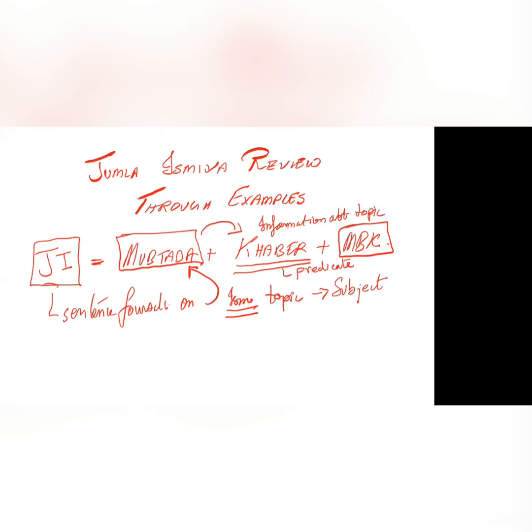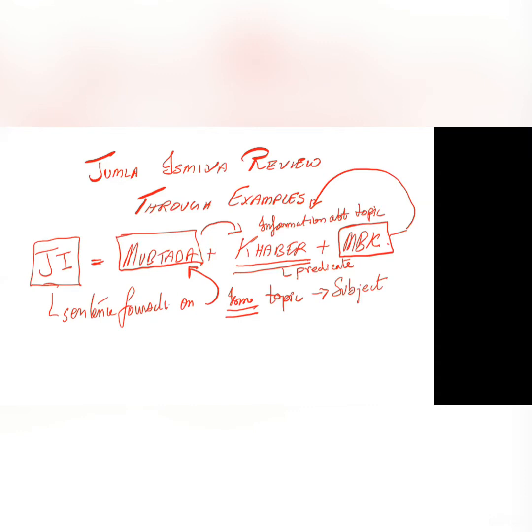So this is merely more information about Khabar. In a simple way, we can say that. So Mubtada is your subject, Khabar is information about the subject, predicate, and Muta'alliq bil Khabar is further information about the predicate. So it's all linked together.